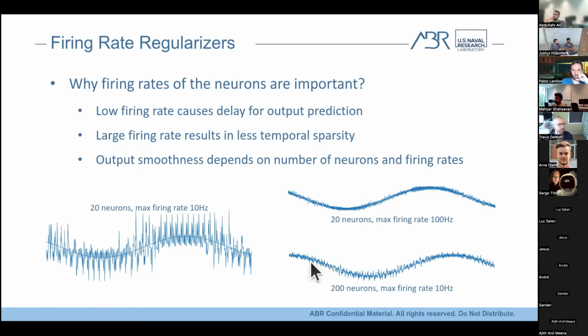Just as a side note, I also find this potentially interesting for its implications for spiking neuron models in general. We're constrained to using much smaller models, with far fewer neurons than are actually used in any part of the brain, but we can generate a similar level of functionality by using higher firing rates.